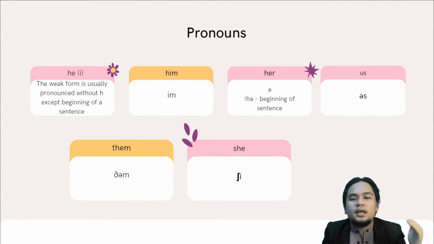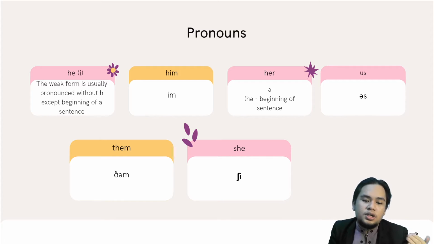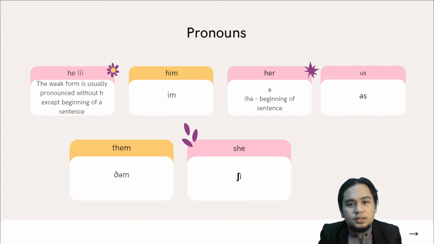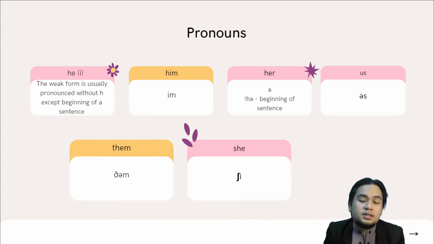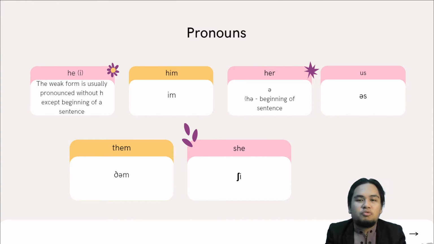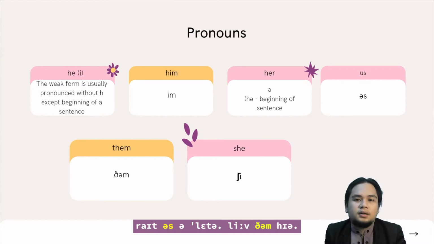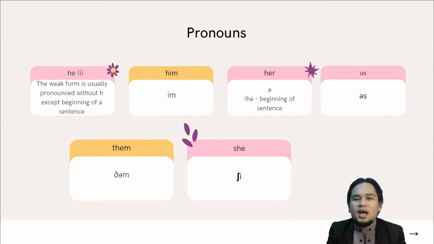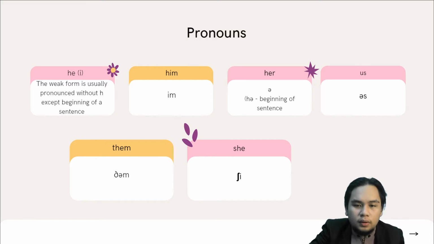See, he, his, him, or she, her still are used in weak forms because they substitute a noun or a noun phrase. For us and them, as you can see on the chart, for example, write us a letter, leave them here. See, we are still using it as weak form. So that's for pronouns.